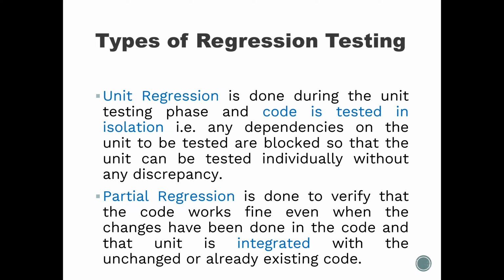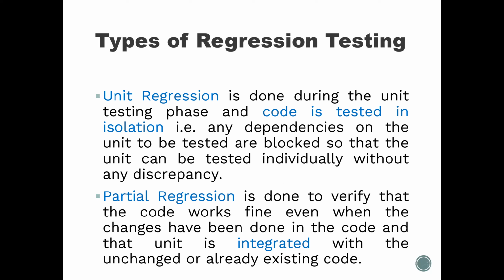The clear definition is that unit regression is done during the unit testing phase, and code is tested in isolation, because you have just modified a particular unit and you don't have the entire system in which this unit is going to be integrated. So we perform regression testing on that unit, and any dependencies on the unit to be tested are blocked so that the unit can be tested individually without any discrepancy.